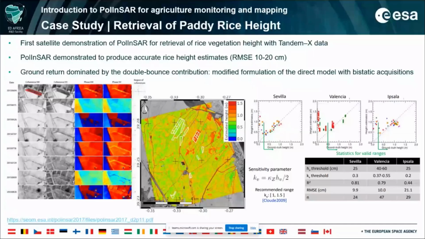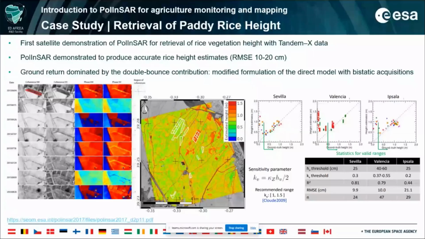It is the first publication on rice height with the use of PolInSAR data without any auxiliary data. It was the first spaceborne vegetation height study that used TanDEM-X data from the DLR.